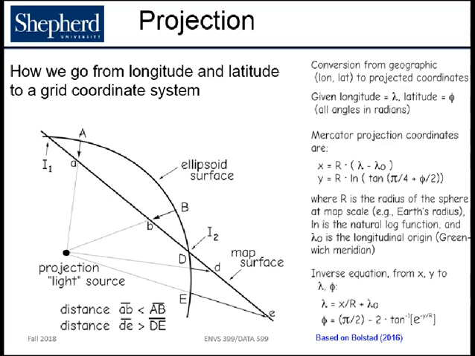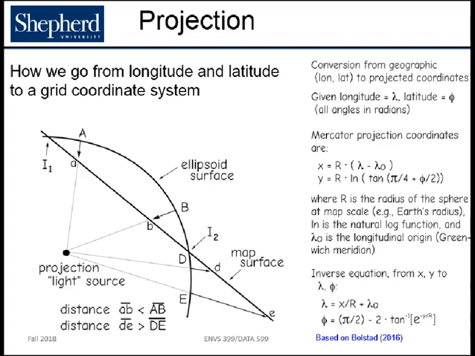Most map projections may be viewed as sending rays of light from a projection source through the ellipsoid and onto a map surface. In some projections, the source is not a single point. However, the basic process involves the systematic transfer of points from the curved ellipsoidal surface to a flat map surface.